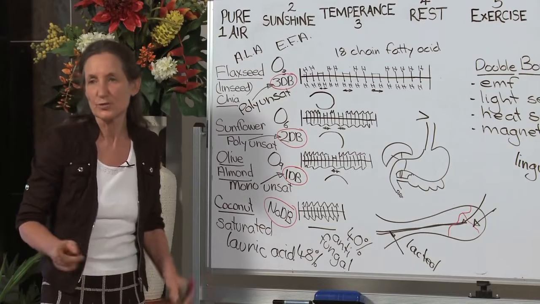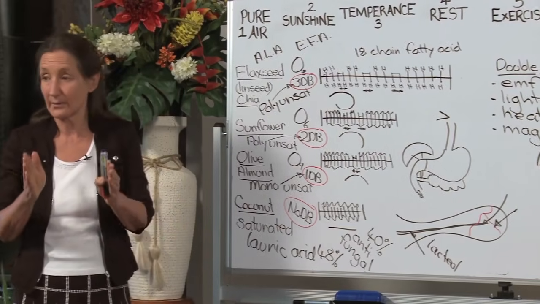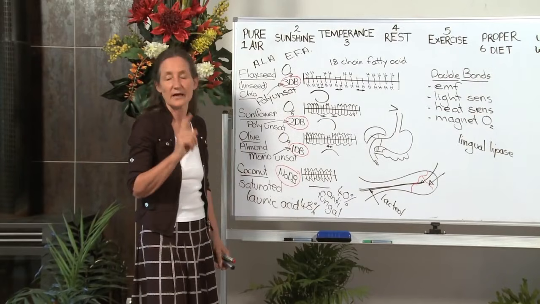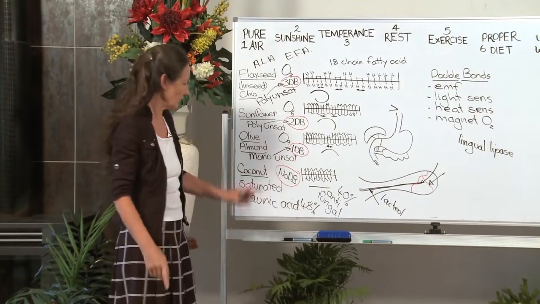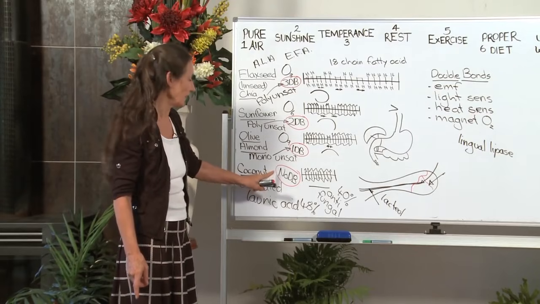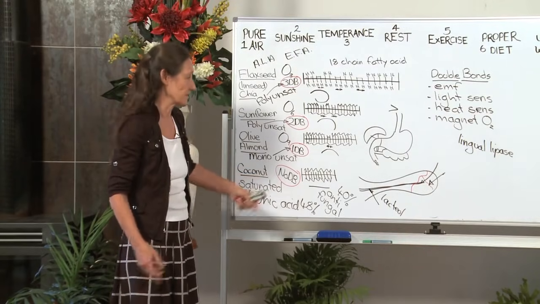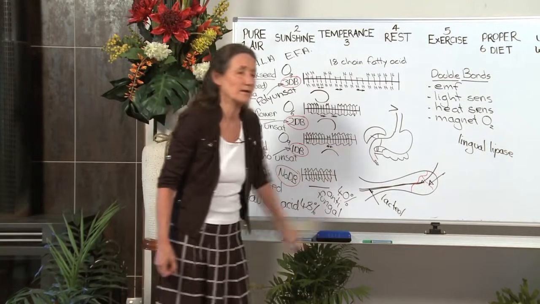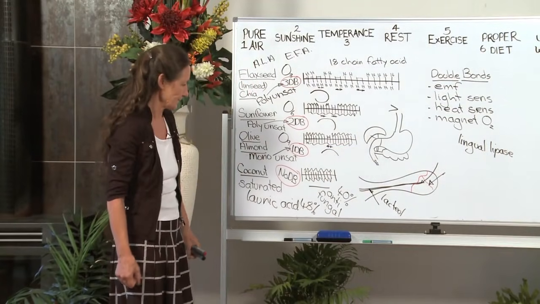And if you go into the supermarket and go to where they sell the baby formulas, the milk formulas, you will find in nearly every milk formula there will be either coconut oil or palm oil. And they add that to baby food because it's so easy to absorb, does not need the bile and does not need the pancreatic lipase.